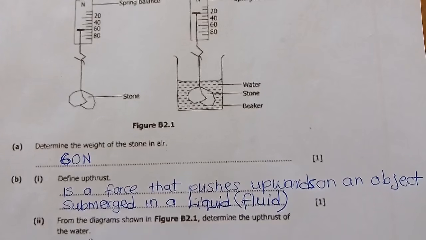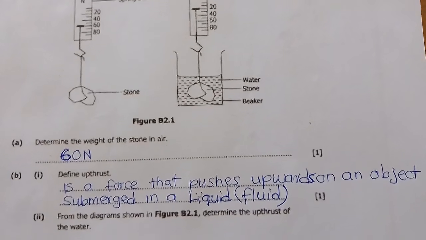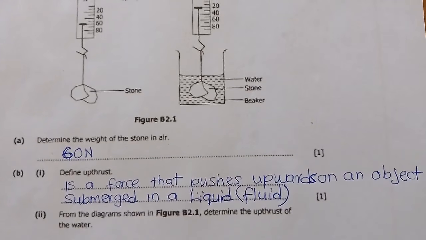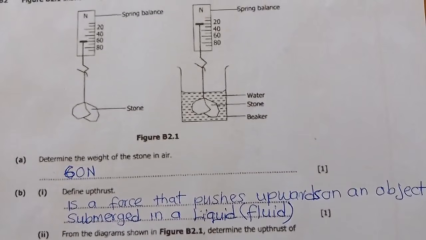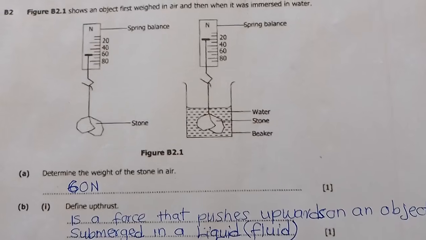So now we move to this other question that is under upthrust. It is saying from the diagrams shown in figure B2.1, determine the upthrust of the water. I've told you that upthrust is a force that pushes upwards on an object.